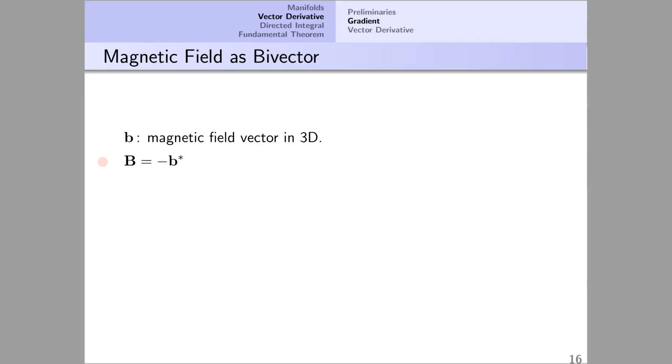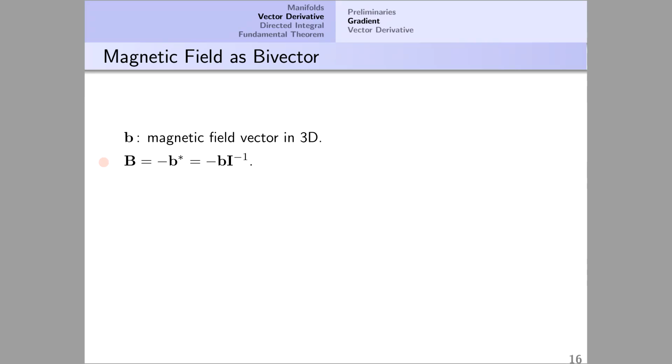In geometric calculus, the magnetic field is represented by minus the dual of this vector, which is a bivector. Of course, it's given by this. In vector calculus, the magnetic field is represented by a vector. In geometric calculus, by a bivector. The bivector representation has many advantages.